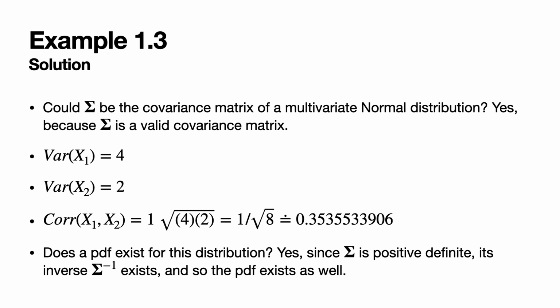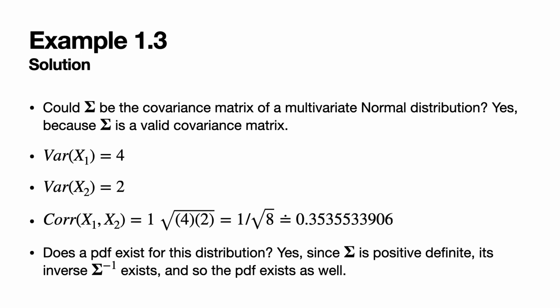Yes, it could. Because cap sigma is a valid covariance matrix, it could be the covariance matrix for a multivariate normal distribution. All right, and so with that in mind, we'll define a 2 by 1 vector x to have a multivariate normal distribution with covariance matrix given by the cap sigma that we're using in this example.